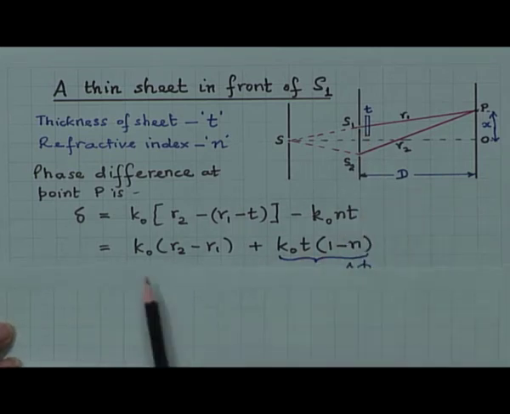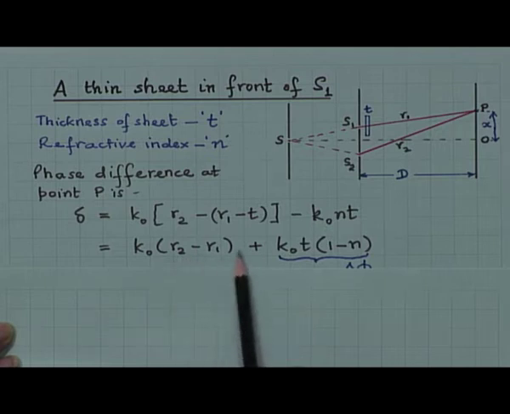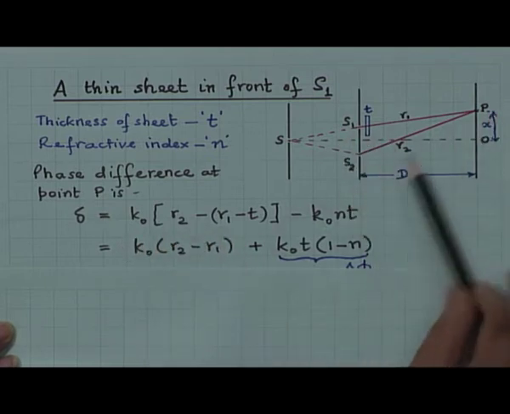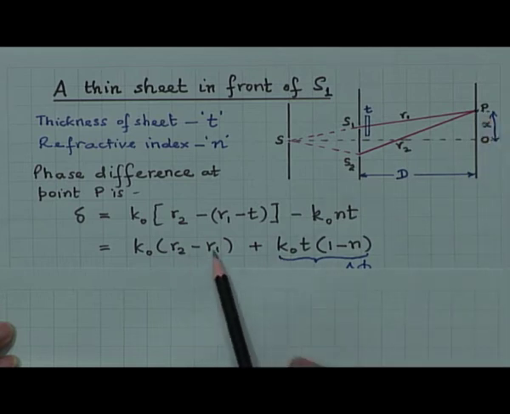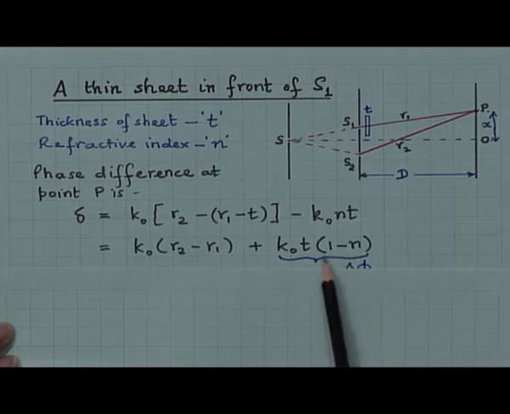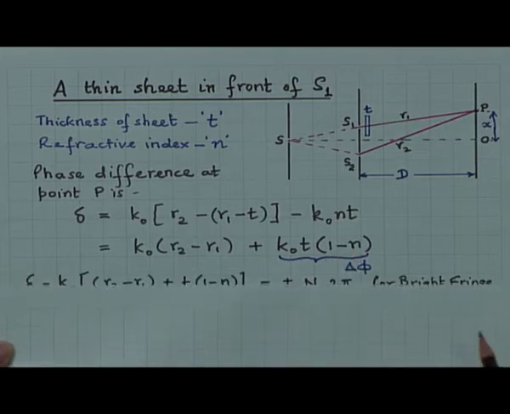In other words, we can write it as k0 into (R2 minus R1), R2 minus R1 is the geometric path difference, plus k0 t into (1 minus n), where n is the refractive index of the medium.